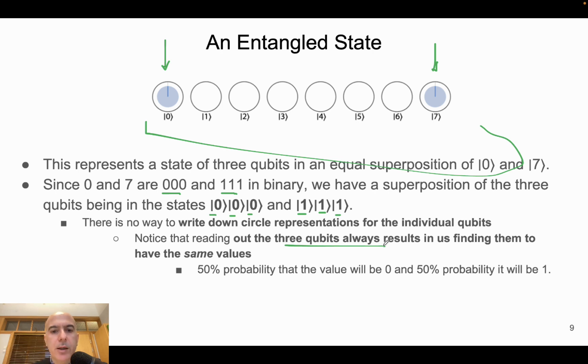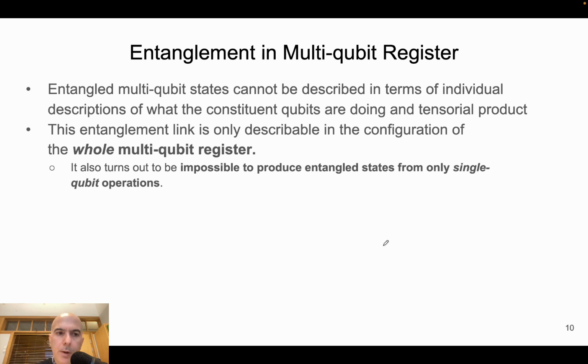We will come back later to this entangled state and how to achieve it with a quantum circuit that we haven't seen yet, but we will focus on that in the next lecture. So an entangled multi-qubit state cannot be described in terms of individual descriptions of single qubits and then taking a tensor product to combine them.